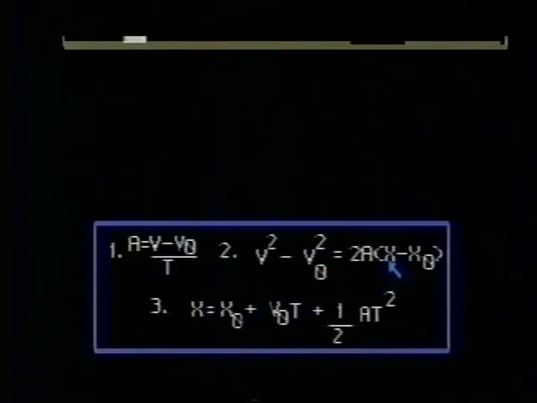It contains the final velocity, which we know, the initial velocity, which we know, and the acceleration, which we now know since we just found it. We could also use equation 3. That directly gives us the final displacement x. We know the initial displacement, the initial velocity, the time, and the acceleration. Let's use equation 3. We have not used it yet.